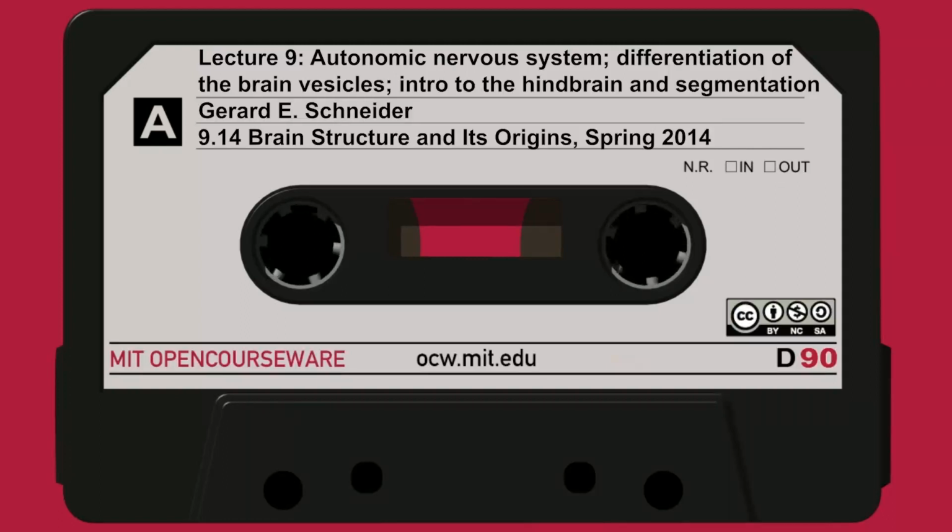Here are the embryonic branchial arches. And each arch is innervated by a certain segment of the hindbrain. They're innervated by cranial nerves 5, 7, 9, and 10. These innervate the branchial arch tissues.